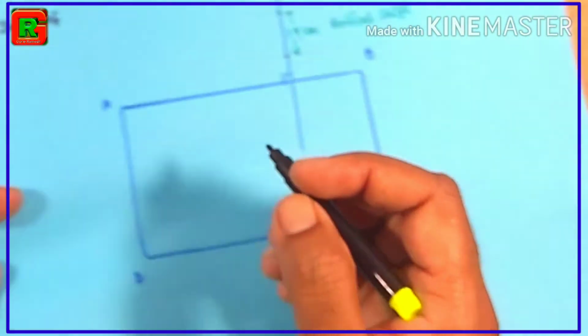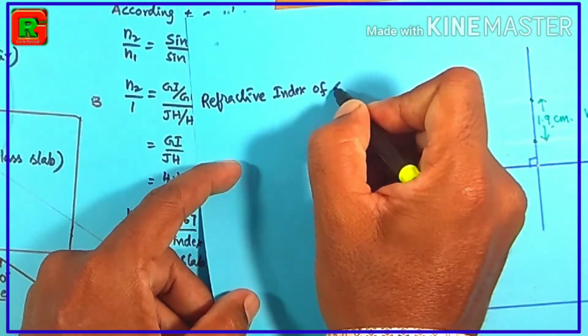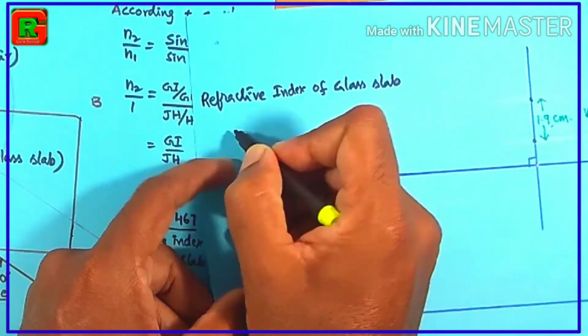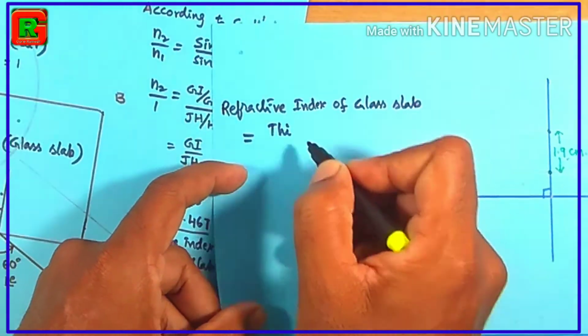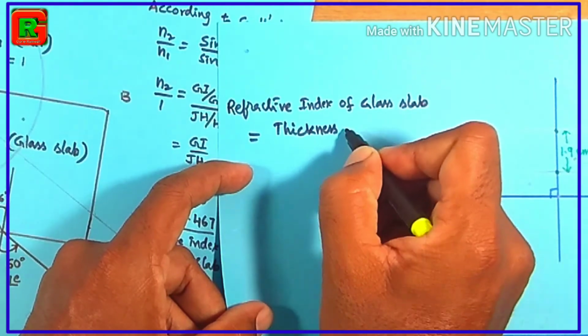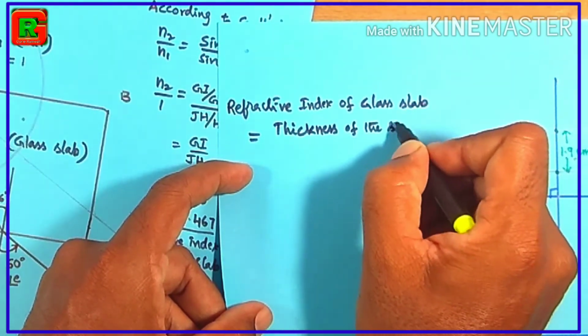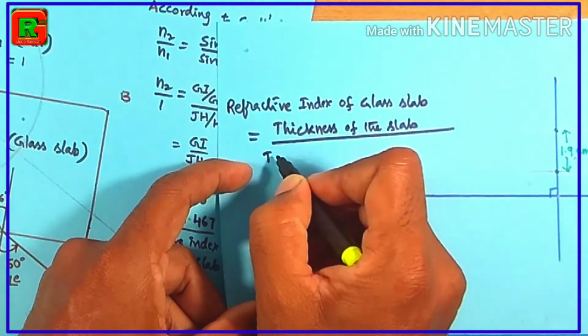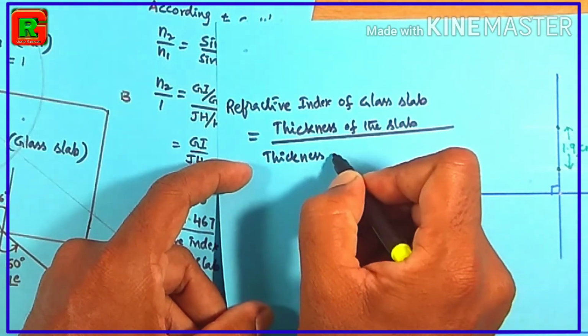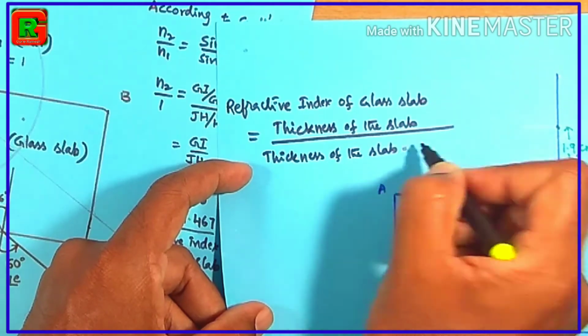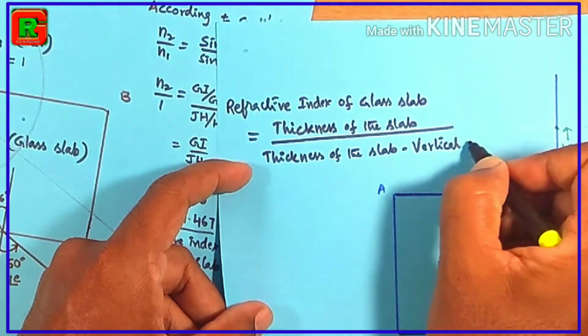We could use a formula to find out the refractive index of a glass slab. That is, refractive index of glass slab is equal to thickness of the slab by thickness of the slab minus vertical shift.